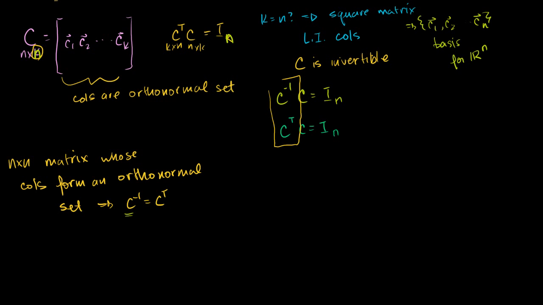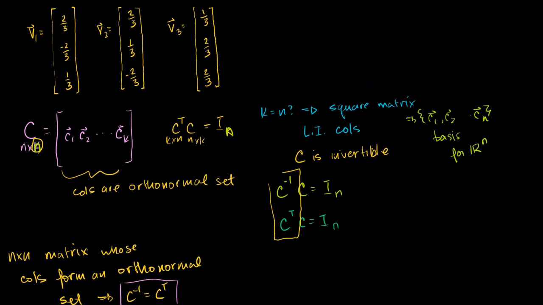So let's see if we can apply this newly found insight to simplify some problems that we've tackled in the past. So I have up here some vectors, v1, v2, v3. Let me copy and paste these so I can use them below, because I think that might be more useful.